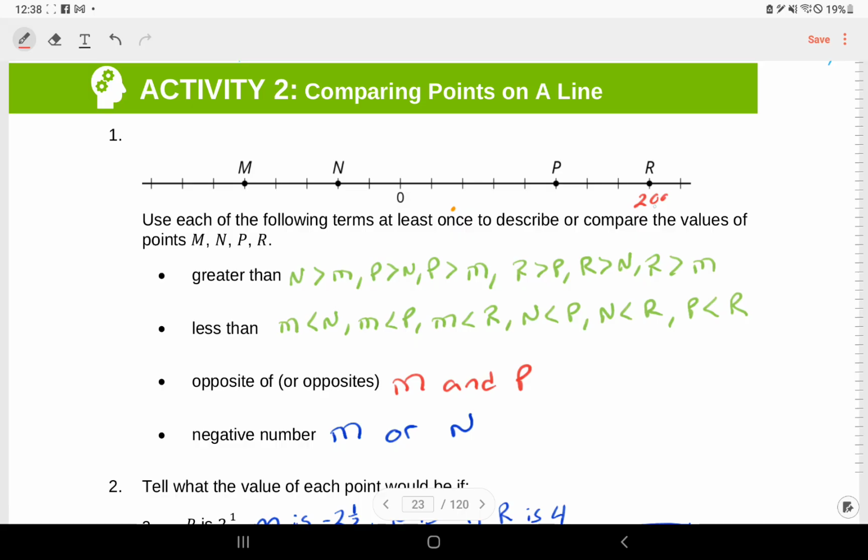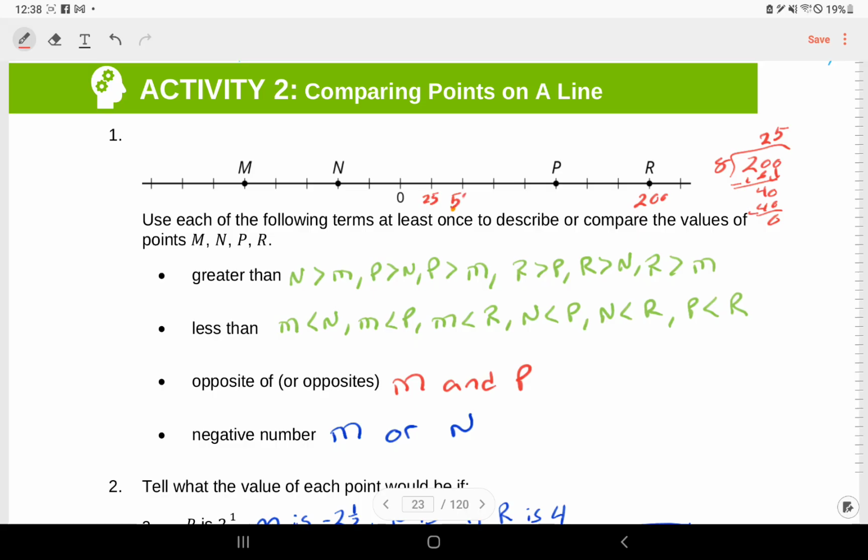So divided by 8. So 200 divided by 8. 8 goes into 20 2 times. 8 goes into 40, 5 times. And so that means each one is 25.